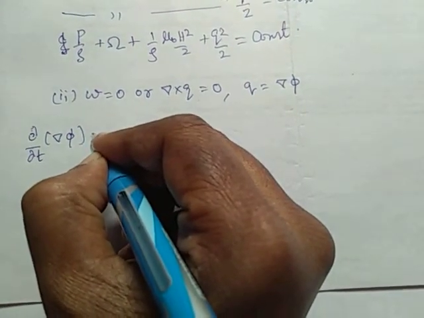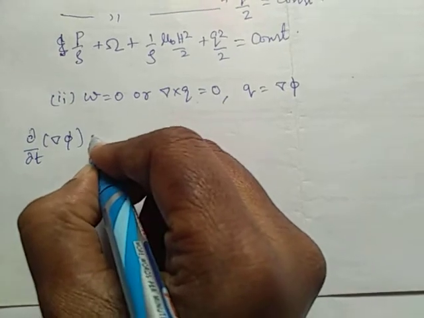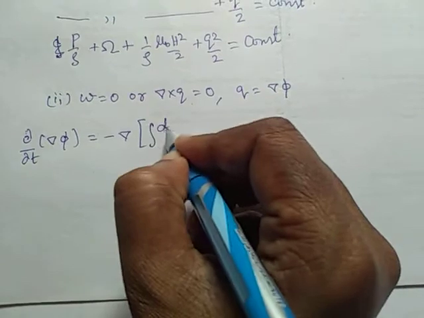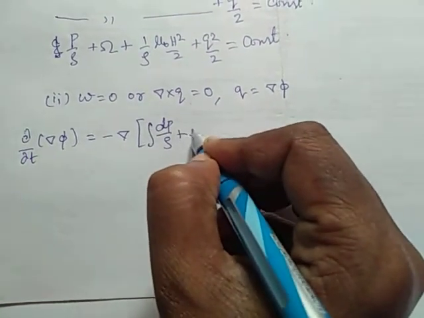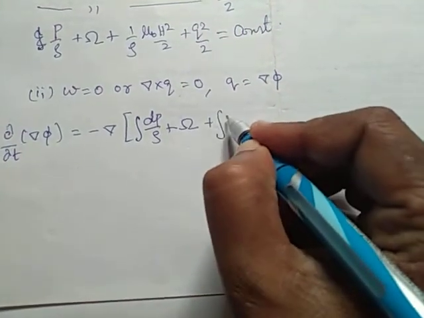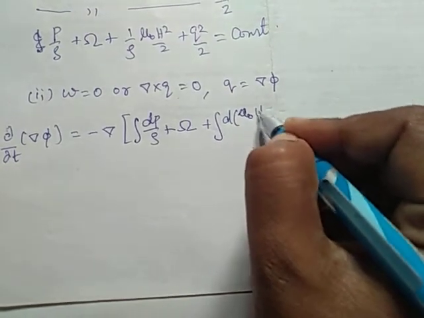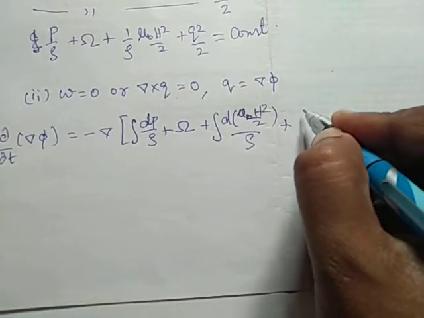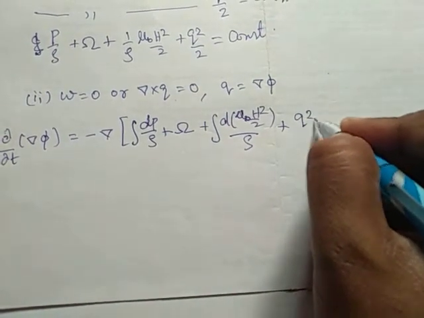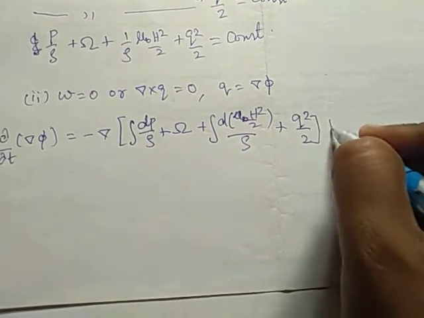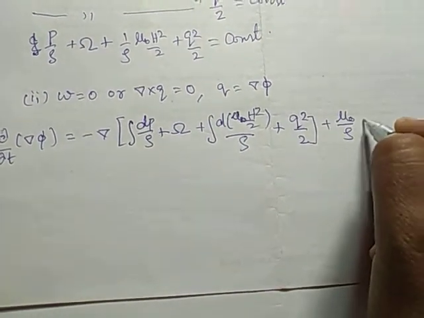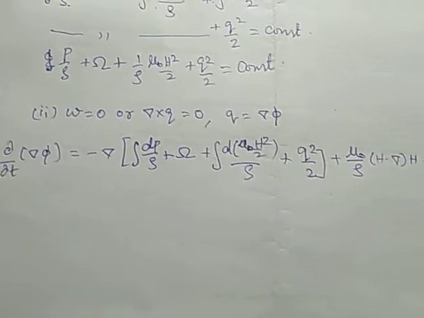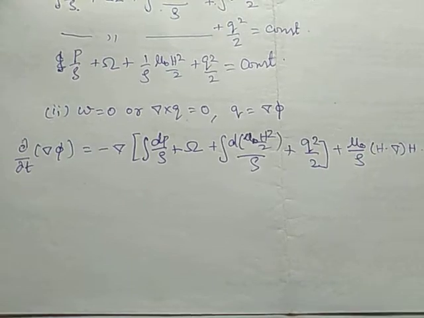Second term is 0, q cross omega is 0, and our RHS is minus del of integral of dp by rho plus omega plus integral of d mu naught h square by 2 by rho plus integral of q square by 2, which is q square by 2 itself, plus mu naught by rho h dot del h. So this is our equation for the second case.